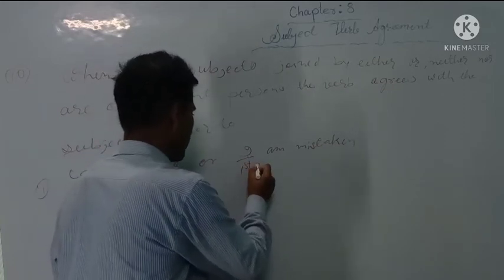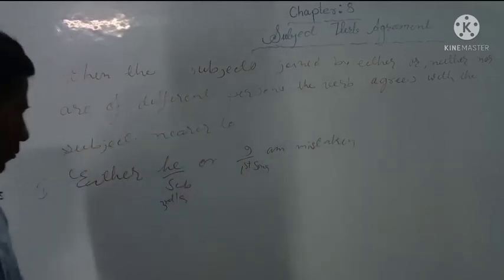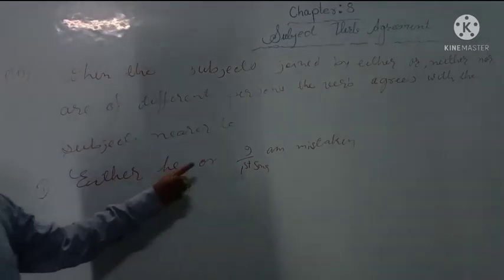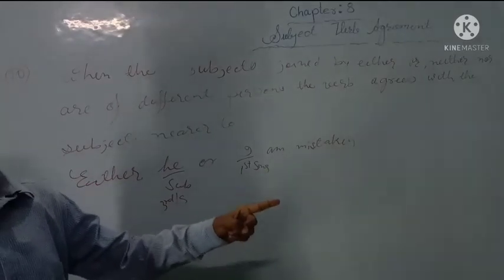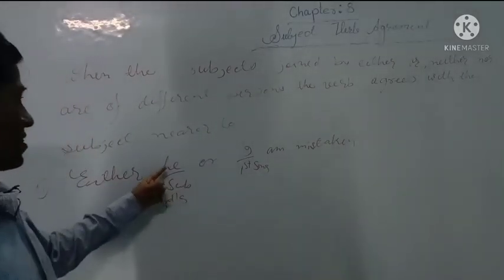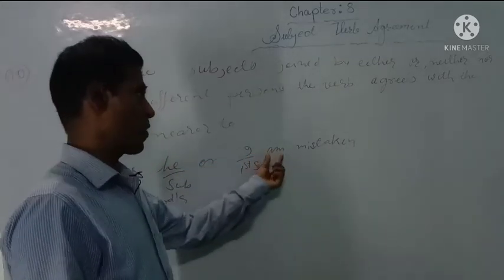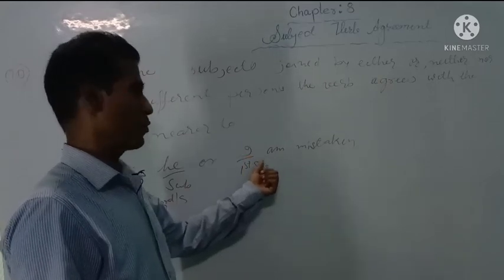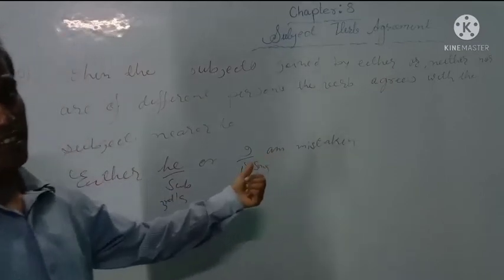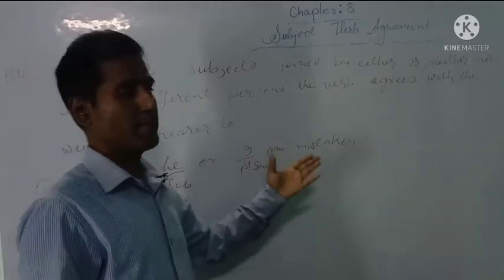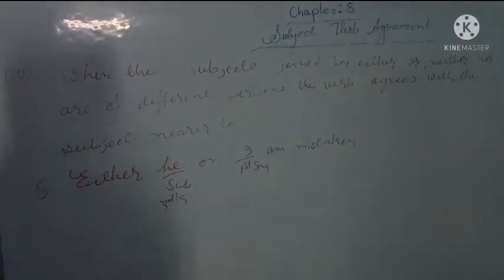We know he always agrees with is, was, and I always agrees with am, was. But here, since the subject adjacent to the verb is I, first person singular, we don't write is, but we write am. Either he or I am mistaken.